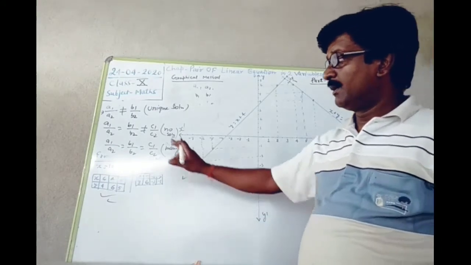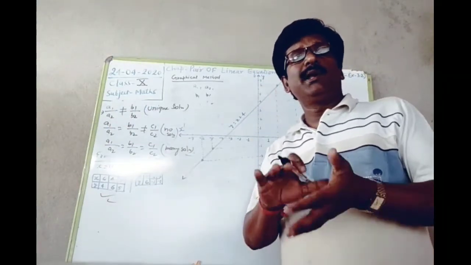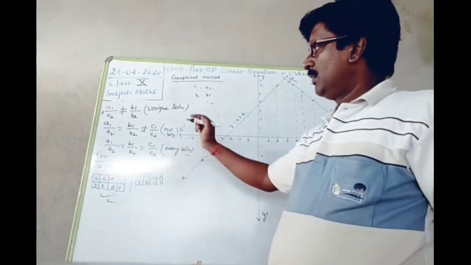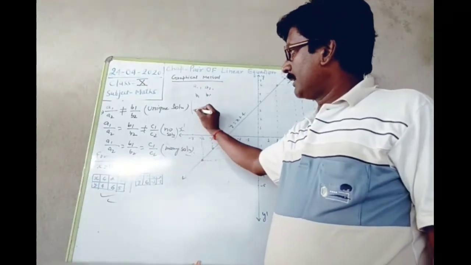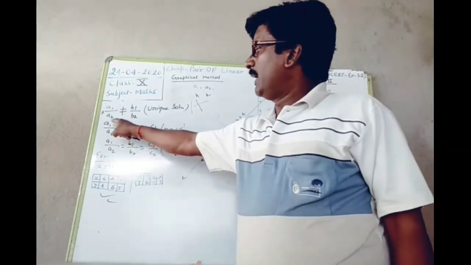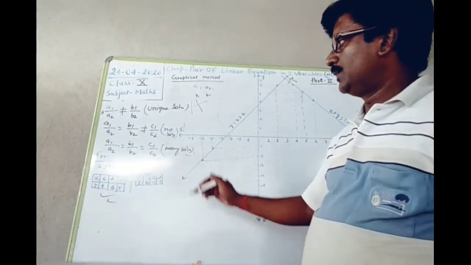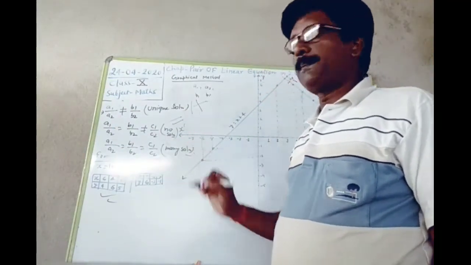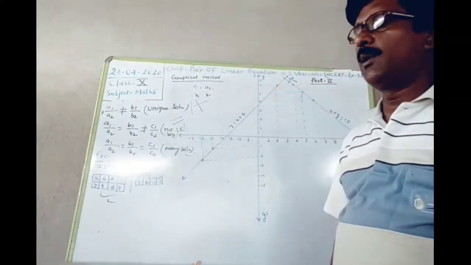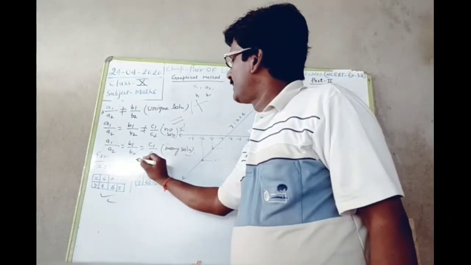So see, when the ratio A1 by A2 is not equal to B1 by B2, then it must have intersecting lines, like this. And when A1 by A2 is equal to B1 by B2 is not equal to C1 by C2, then the lines will be parallel. And when A1 by A2 is equal to B1 by B2 is equal to C1 by C2, then the lines will coincide.